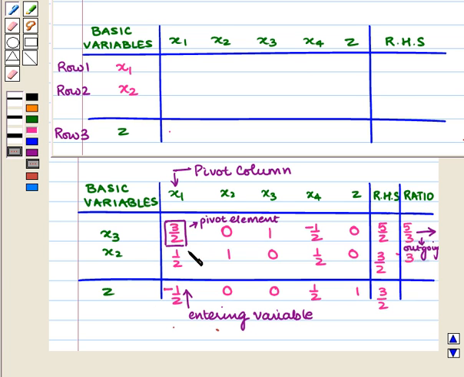So first we make the pivot element 1 by using the row operation R1 goes to 2 by 3 R1. So in the first row we have 1, 0, 2 by 3, minus 1 by 3, 0 and 5 by 3. All the other entries remain the same.